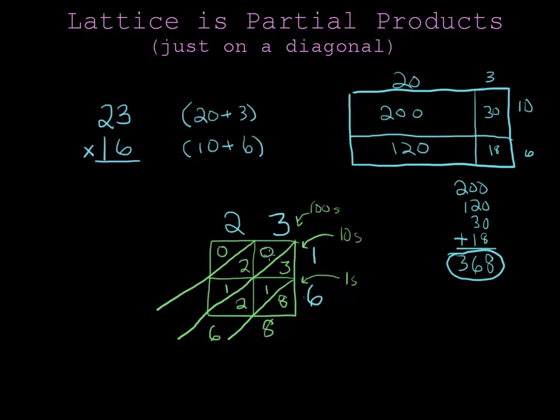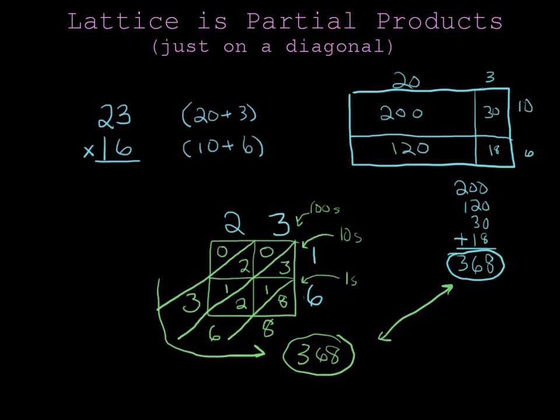And in the hundreds column, I have 2 plus 1, which is 3, just like I had a 2 plus 1 in this hundreds column. I will get the same answer if I read my answer around the corner. I get 368 when I use the lattice, just as I did when I did the problem with partial products.